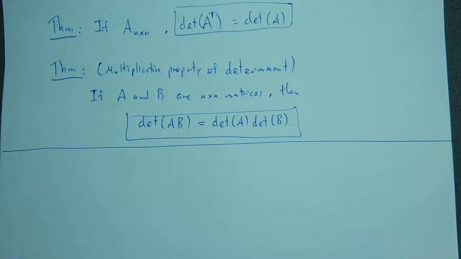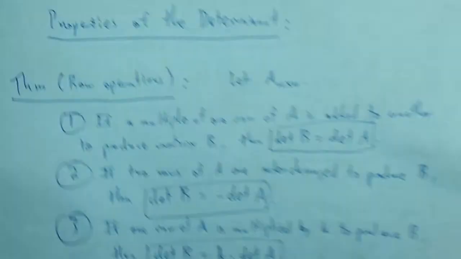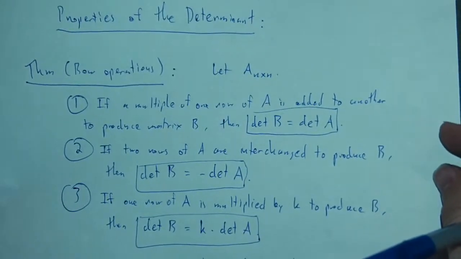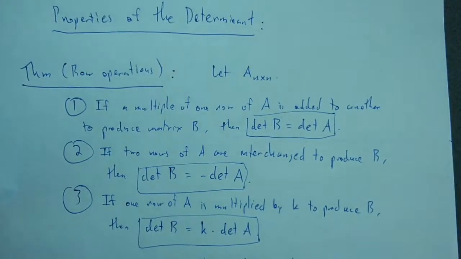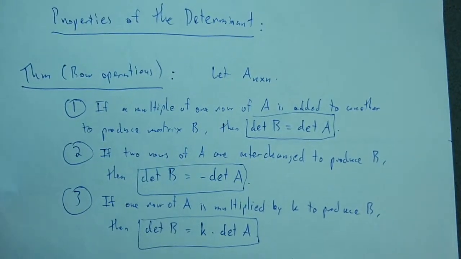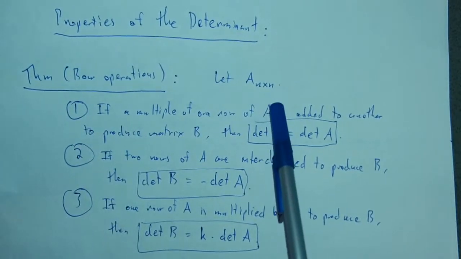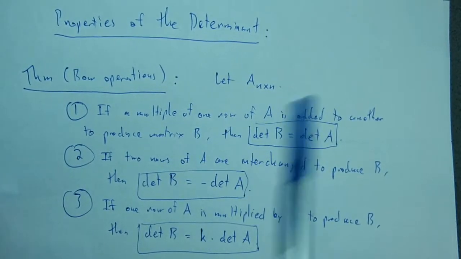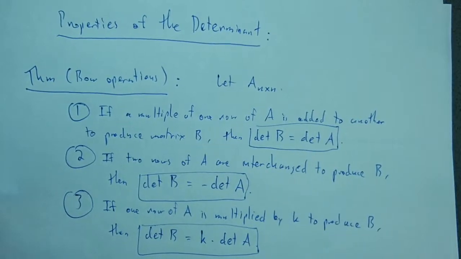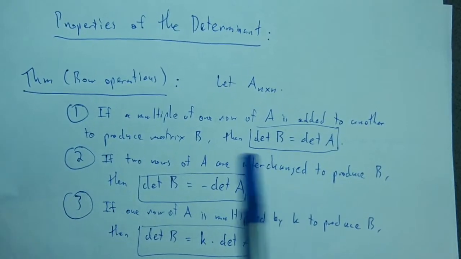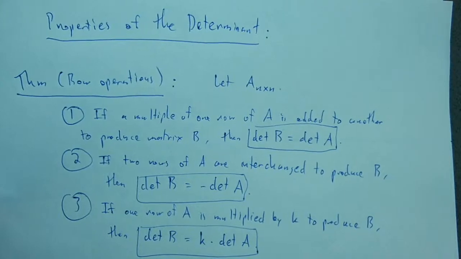This is related to the previous theorem that we had about row operations. So recall, we had this theorem about row operations here. If the relationship between matrices A and B is a single row replacement operation, the determinant is left unchanged.